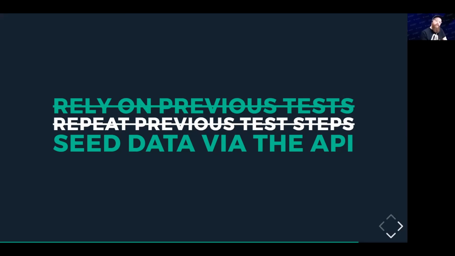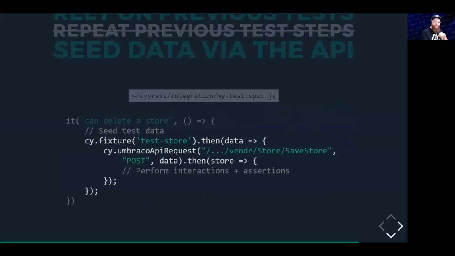The key really is that you need to be able to seed your data via the API. I could actually seed my data using the SQL scripts thing that I've done before, but this is another good technique that you really want to learn, which is being able to bypass your UI and work directly with the API controllers to pre-populate something directly.